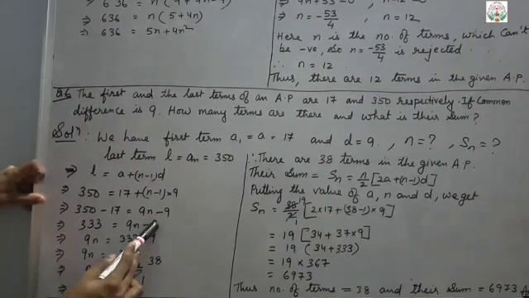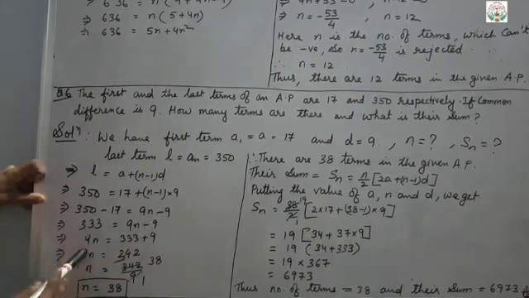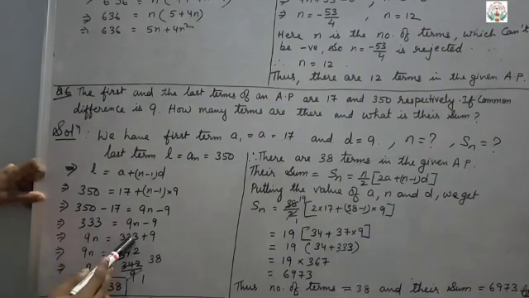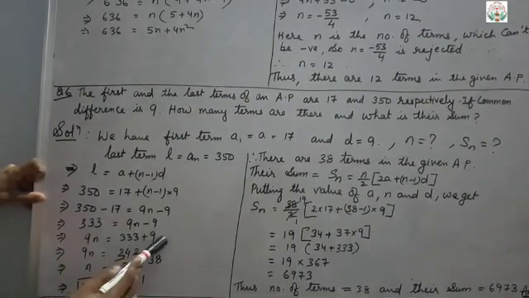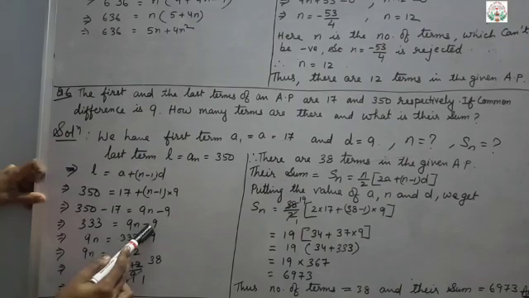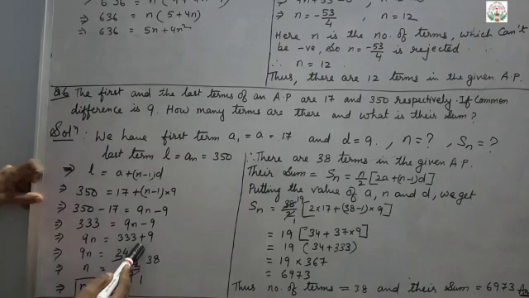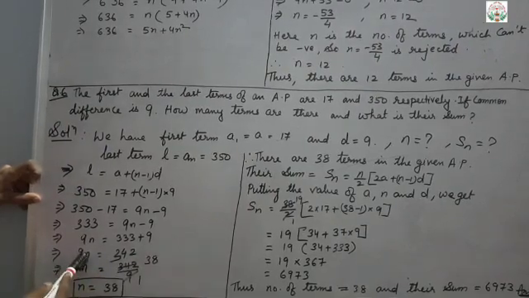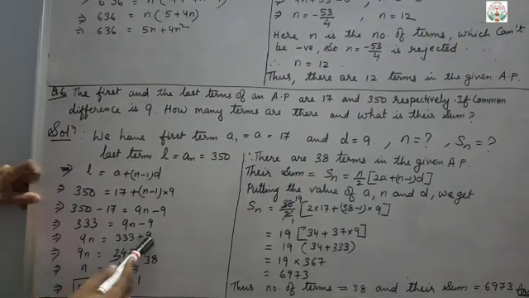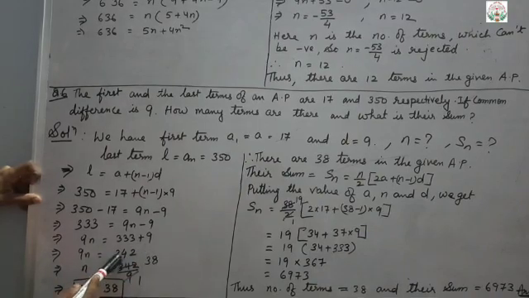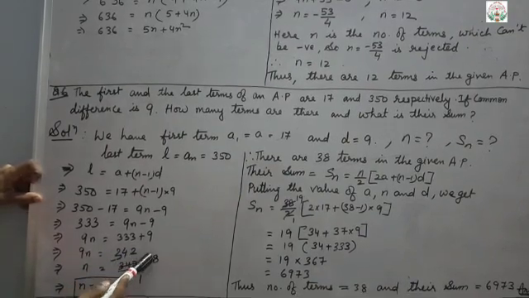Now again this 9 we will transpose to the other side. So that will be 9n equals to 333 plus 9, because here it is negative 9, so when it goes to that side it will become positive. So 333 plus 9. That implies 9n equals to, on addition of 333 with 9, we will get 342.